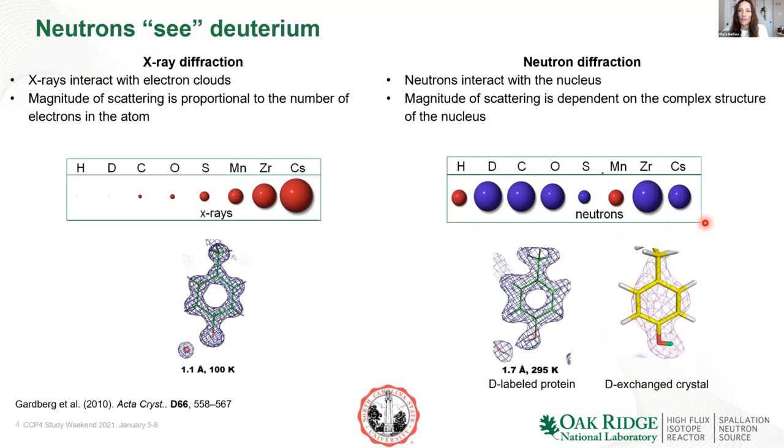What this schematic represents here is that hydrogen and deuterium have similar magnitude to other atoms found in proteins such as carbon, oxygen, and sulfur.